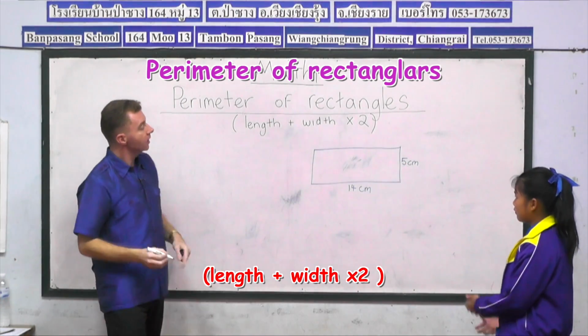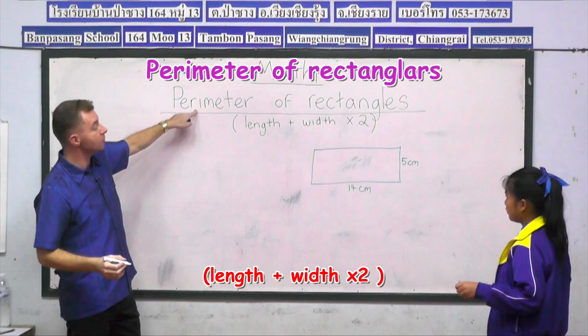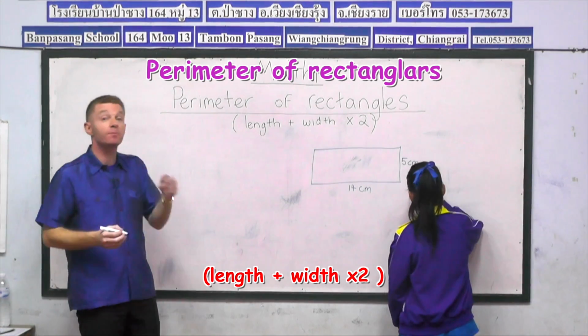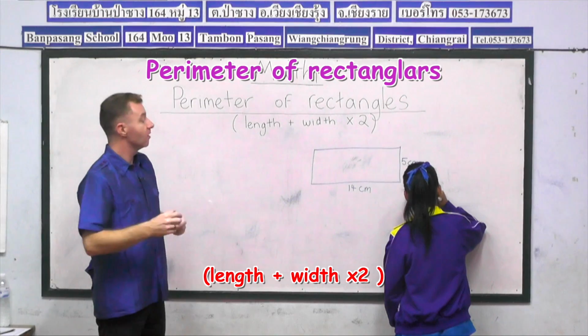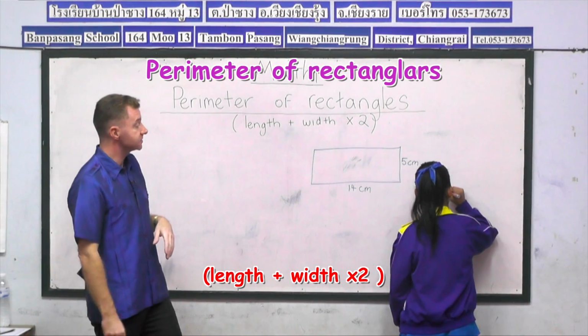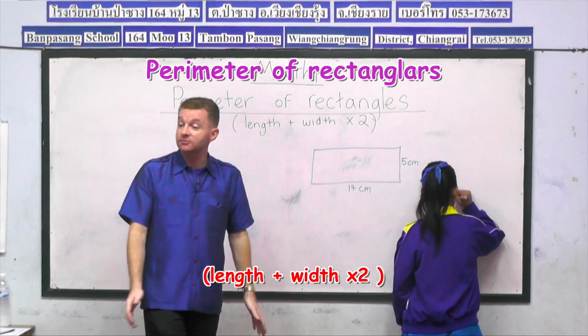So Lakgao, can you now demonstrate how to work out the perimeter using the formula length plus width? 14 centimeters plus 5 centimeters.